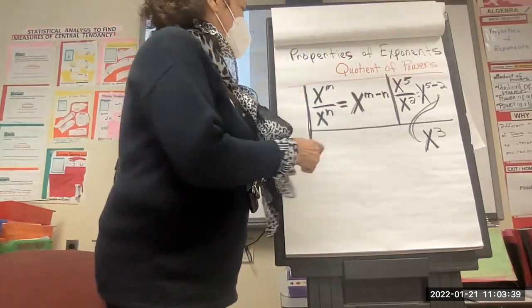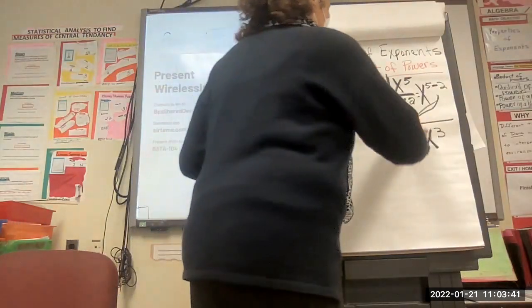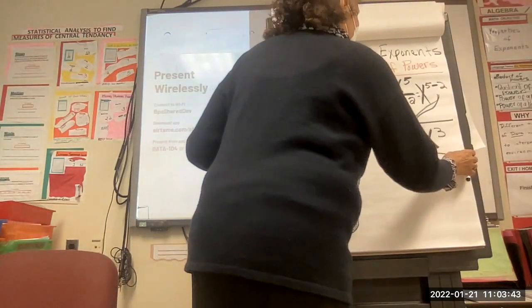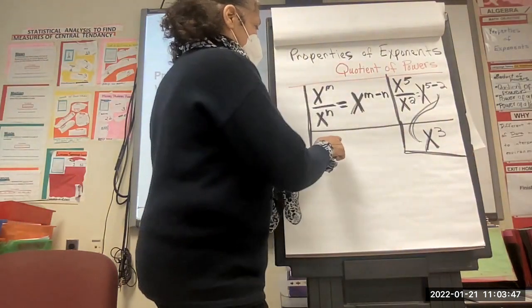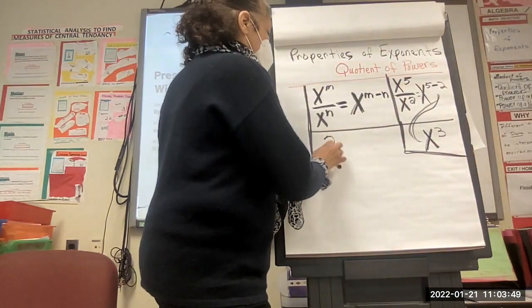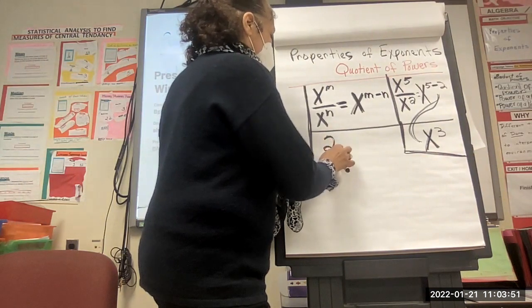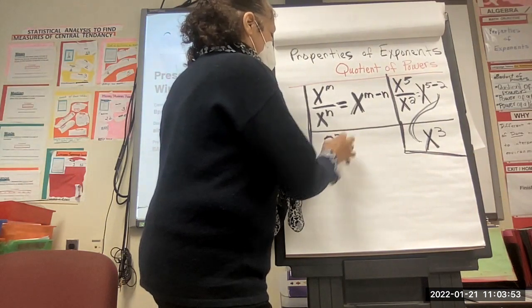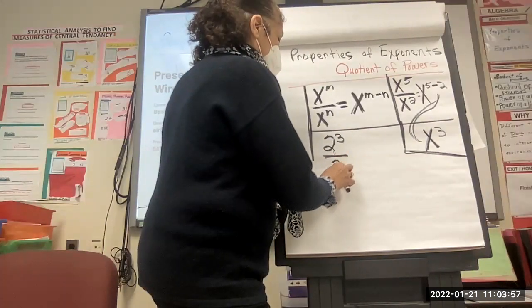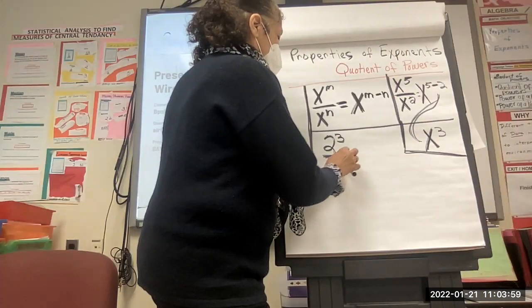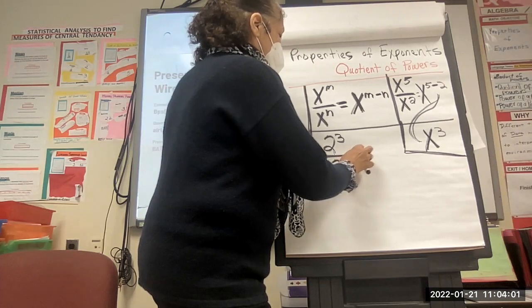All right. So let's try that out with all numbers. Now, remember, the bases have to be the same. So suppose we had 2 to the power of 3 divided by 2 to the power of 1.